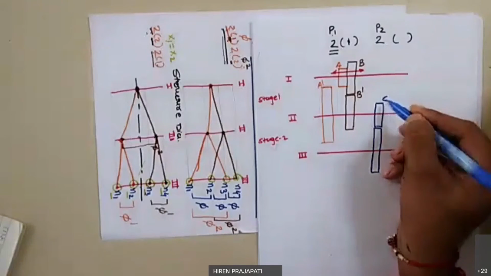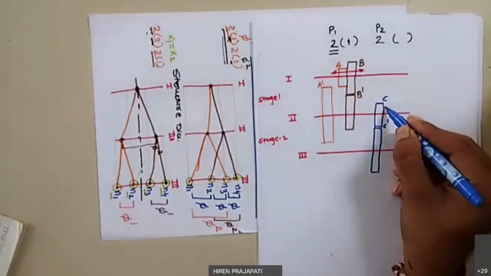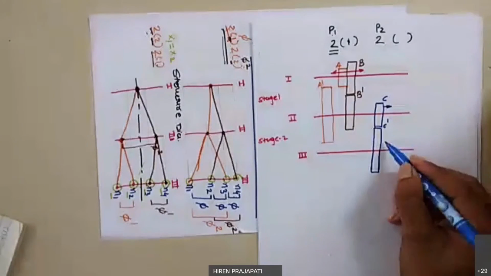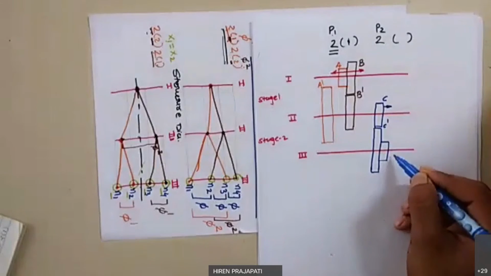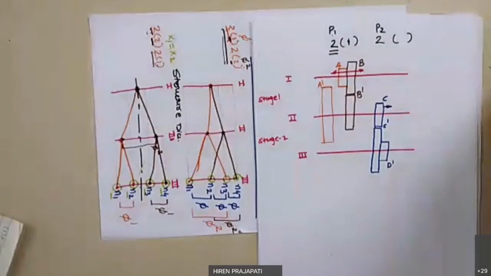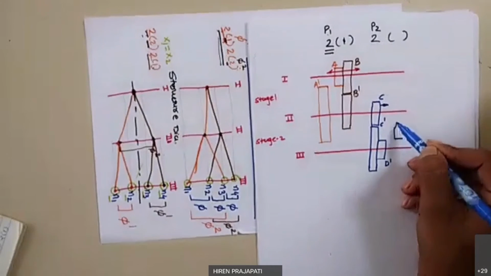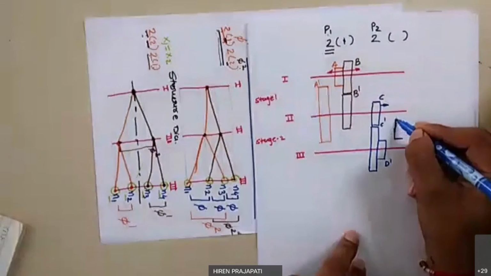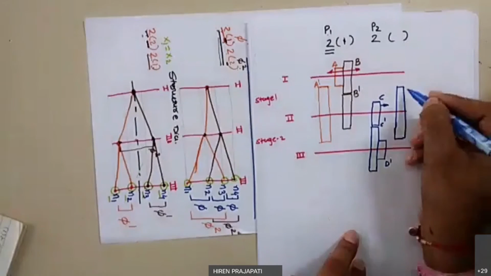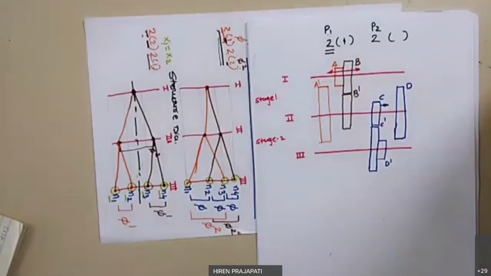Let me call this C and this C dash. I consider one gear cluster. So I call this D dash, and opposite to that I have one other gear with the name D on shaft 2, right?